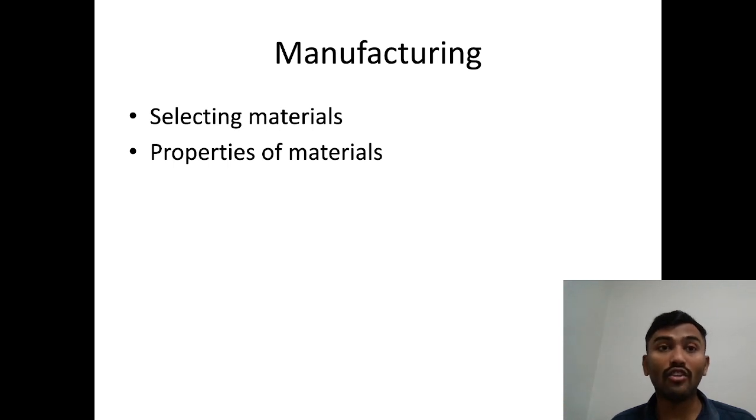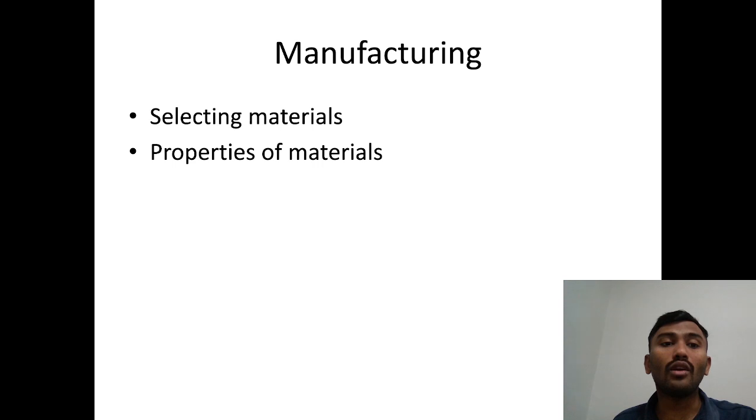So selection of material is based on your product. For example, if your product is a water bottle, you can choose plastic. For classroom chairs, you can choose wood or steel. So the selection of material is very important.